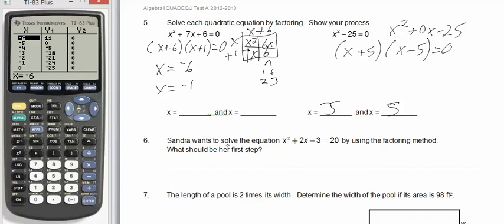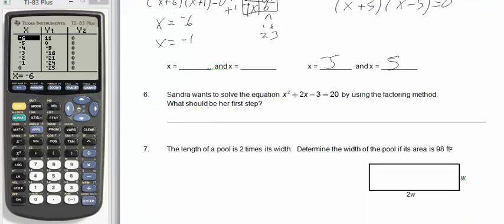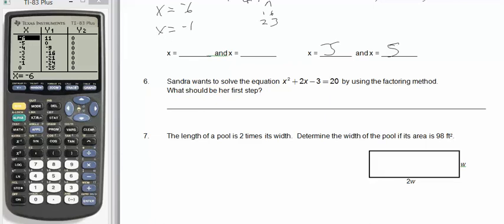All right. Sandra wants to solve the equation x squared plus 2x minus 3 equals 20 by using the factoring method. What should be her first step? Now, we didn't do a lot of this in our class, but to factor, it needs to be equal to 0. So the first thing you would do is subtract 20 from both sides.